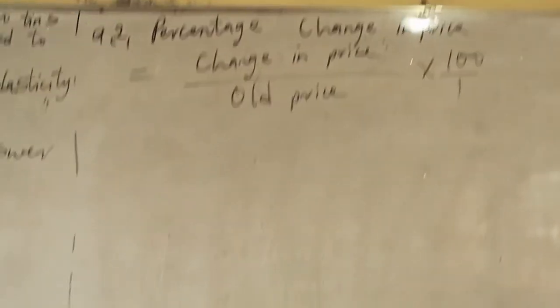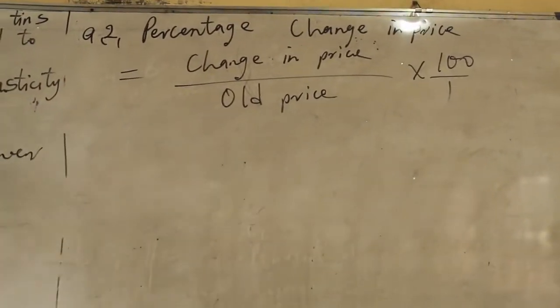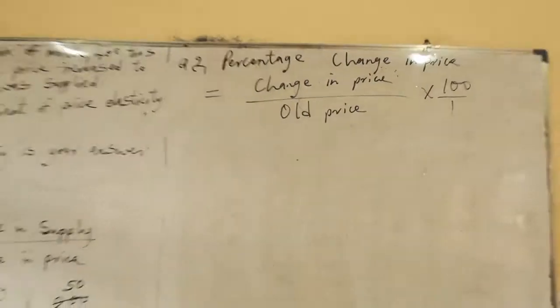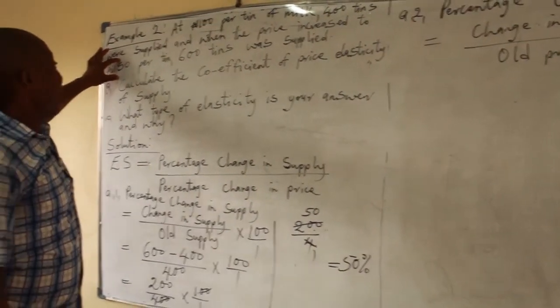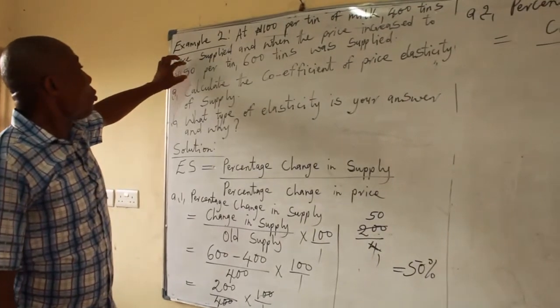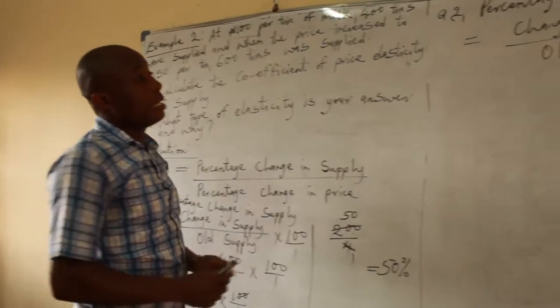From the example, the first price here is 100 naira and the second price is 150 naira. And the change in price is the difference between 150 naira and 100 naira.